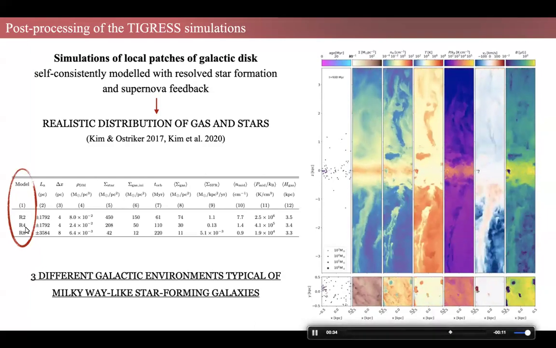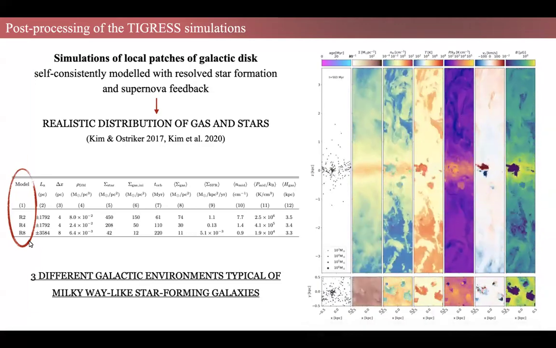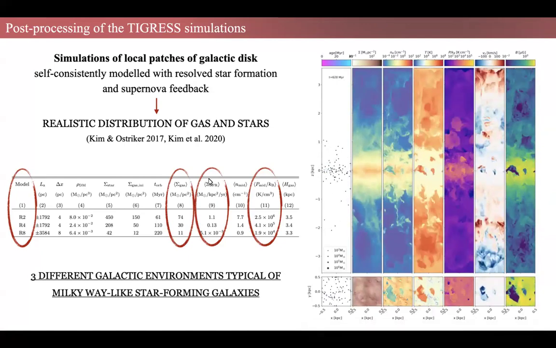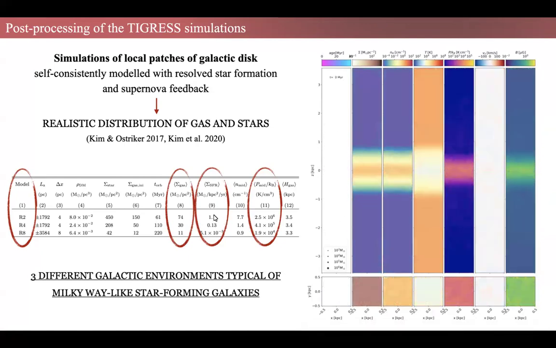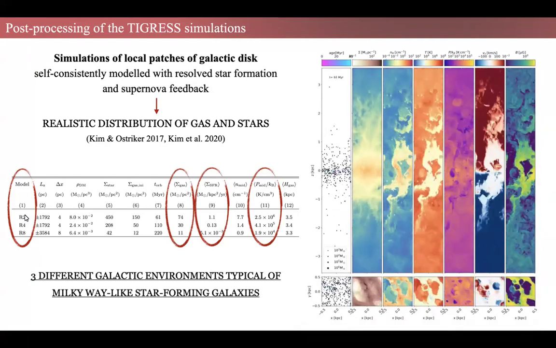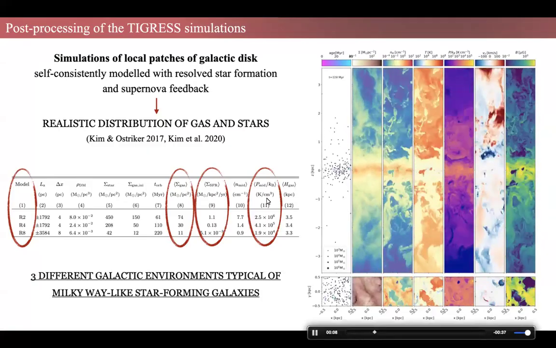So among these 3 models, R8 is the model representative of the solar neighborhood environment. And for example, you can see that the star formation rate surface density varies by more than 2 orders of magnitude, going from R2 to R8, as well as the mid-plane pressure.